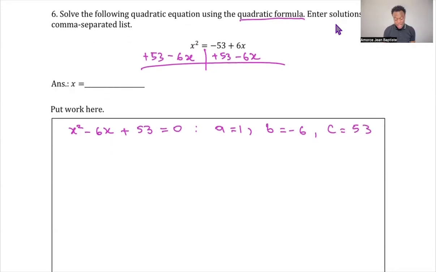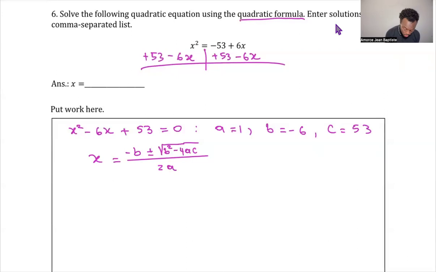The quadratic formula will give the x solution using the parameters a, b, c. That's x equals negative b plus or minus the square root of b squared minus 4ac, over 2 times a. Now we have the formula.